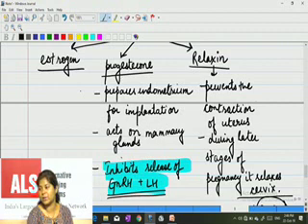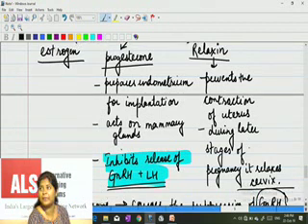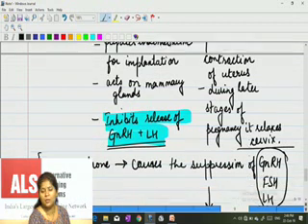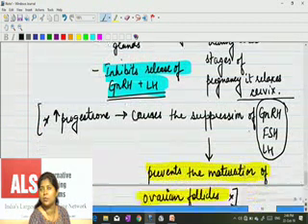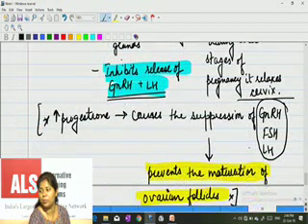Yes, it's called menarche. Very good. And what is the last menstrual cycle called? Have you copied everything? Menopause. Very good.